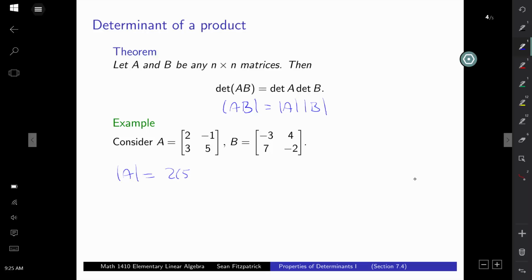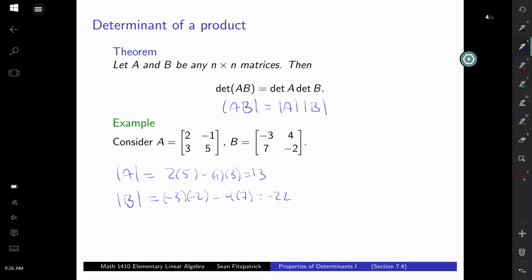So the determinant of A is 2 times 5 minus 1 times 3, which is 13. Determinant of B, minus 3 times minus 2 minus 4 times 7, 6 minus 28, that's minus 22.